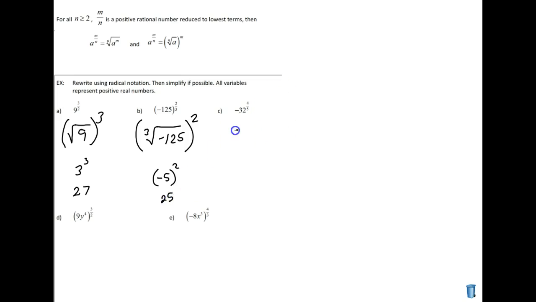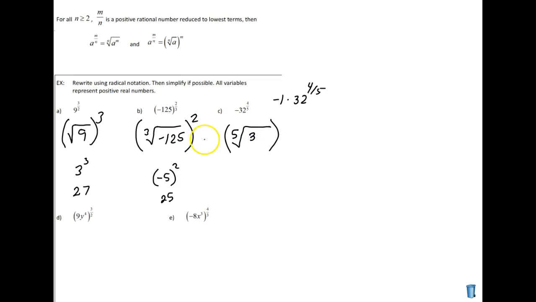Similarly, we're just going to keep right on going here. This is going to give me the fifth root of negative 32, and I'm going to raise that to the fourth power. Oh, actually, let me back up here. This negative doesn't actually belong to the 32. It is going to be negative 1 times 32 to the 4/5. Sorry, I just now caught that.